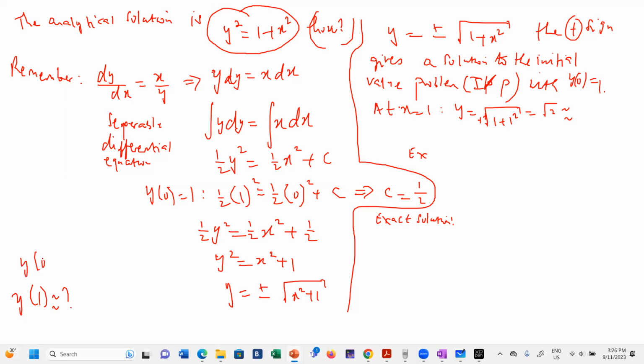We know that y at 0 is 1. We're using Euler to find y at 1. But the exact solution to this is y at 1 is the square root of 2. But the square root of 2 is what? Is 1 point something? 1.41421213562.